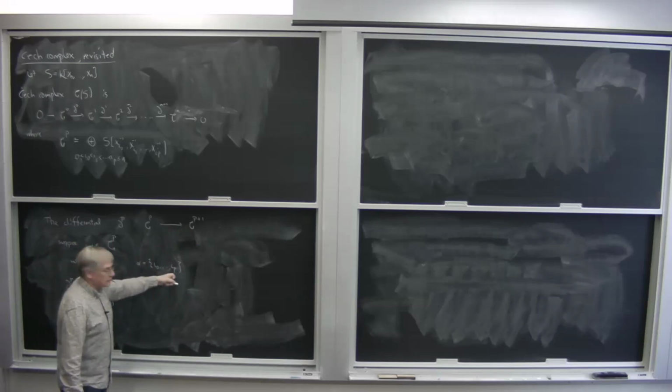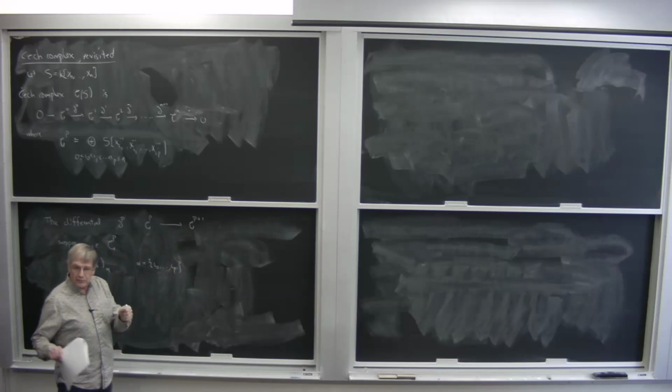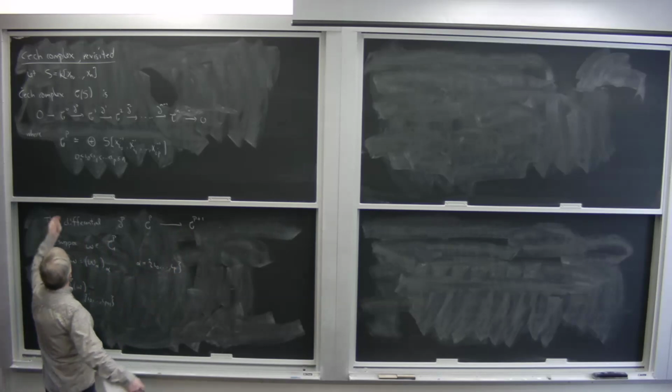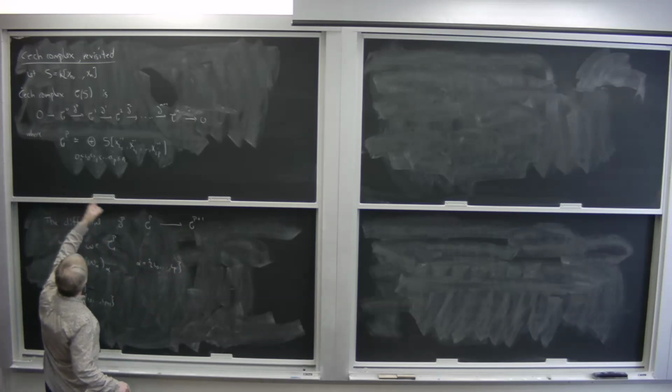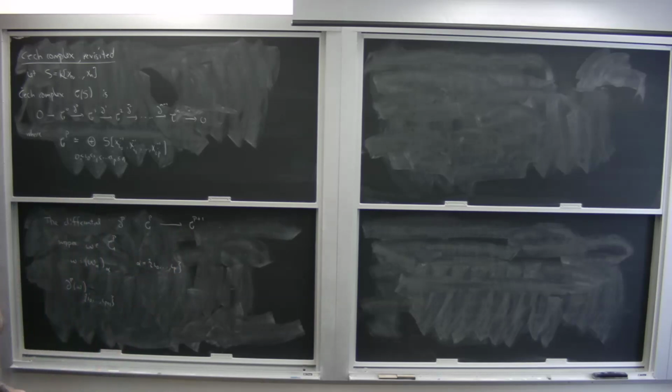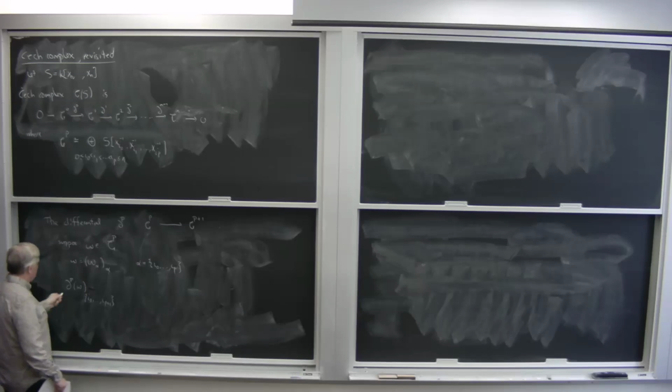By the way, notice this is going 0 to p, so it's shifted in degree by 1 from the Čech complex in an annoyingly confusing and easy to screw up manner. But it has to be done this way, because if we change the indexing, then we'll get screwed up later on. Either way, it doesn't matter.